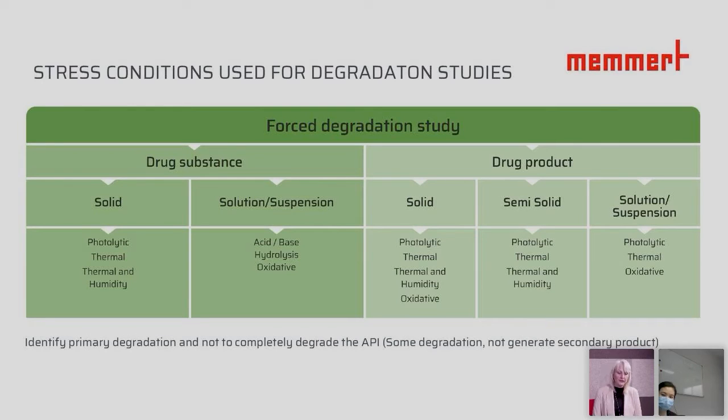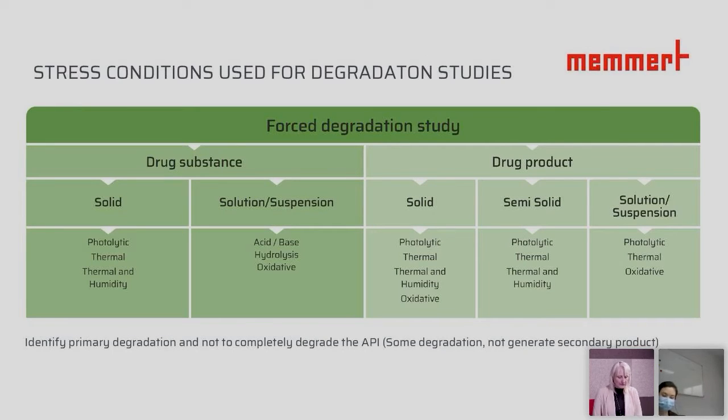Important when we talk about this degradation study is to identify the primary degradation and not to completely degrade the API. So that means you should generate some of this degradation, but not completely. And that really has to be considered.